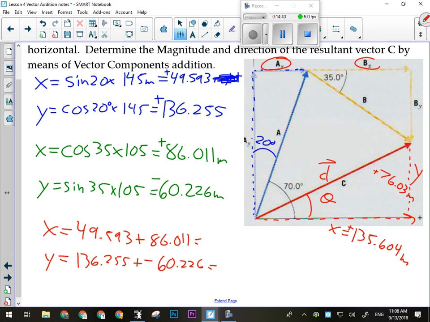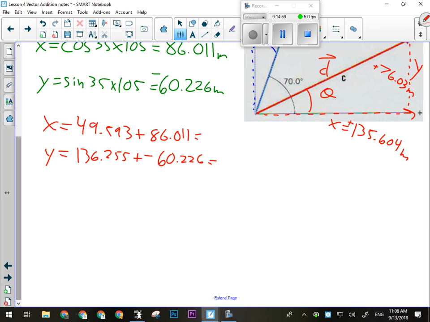I need to find the magnitude of my resultant and the direction of my resultant. So how do I first find the magnitude of my resultant? Right, Pythagorean theorem, a squared plus b squared. So the total displacement is going to be the square root of our 76.03 squared plus 135.604 squared.